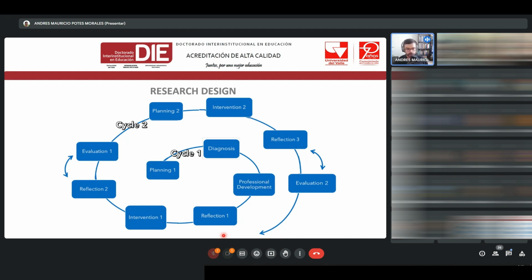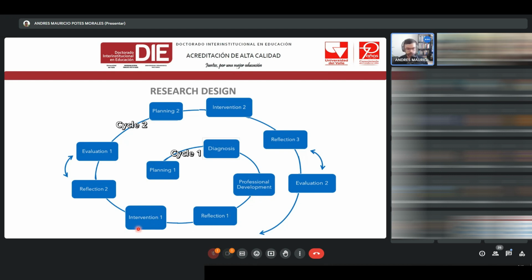The reflection will entail written reflections in journal entries for the teachers in these 4 workshops. So in every workshop, teacher participants will be asked to register their reflections, their thoughts, their learnings, and their proposals also on a pedagogical journal.